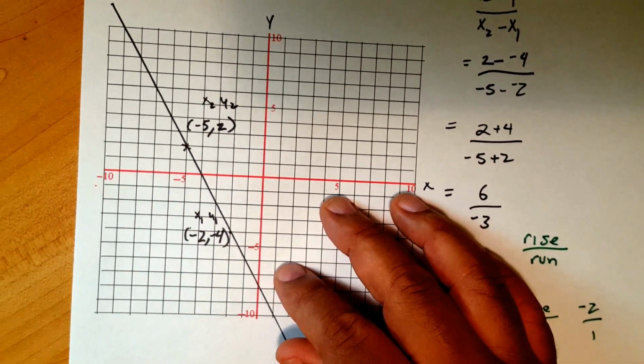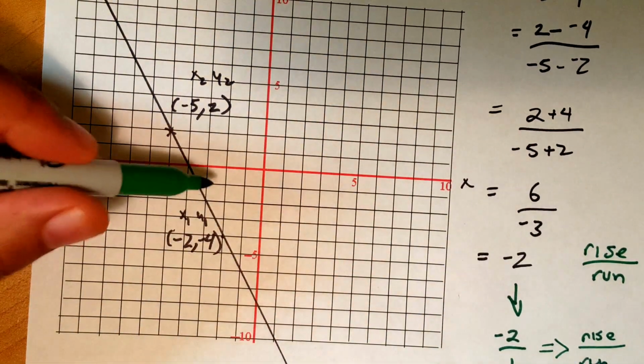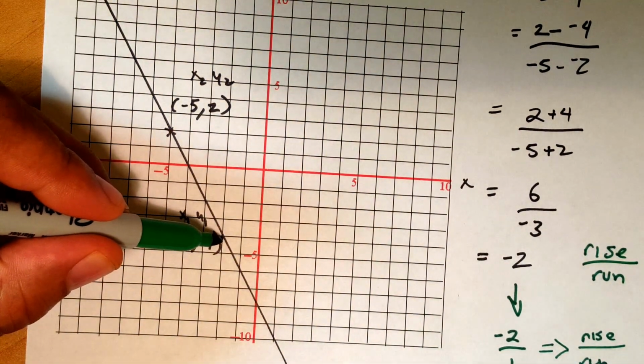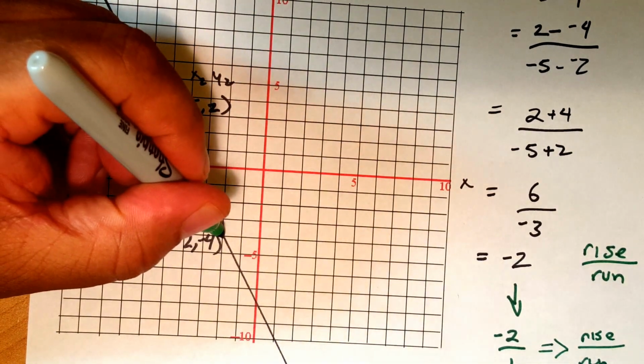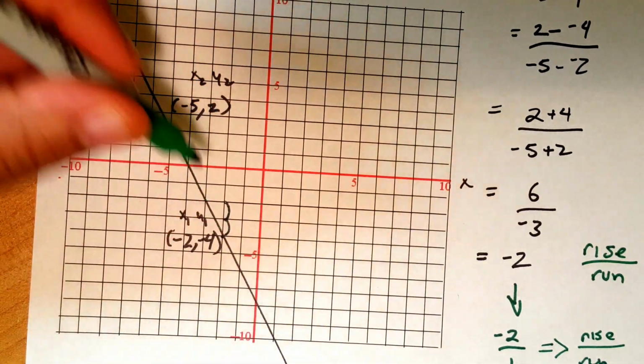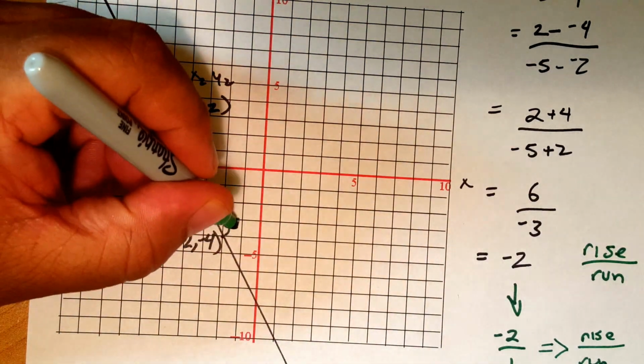So let's test it out. I should be able to go from here. I should be able to go up 2 and to the left 1. And I should hit it because it's negative slope. So I go up 2, to the left 1, and I hit the line.